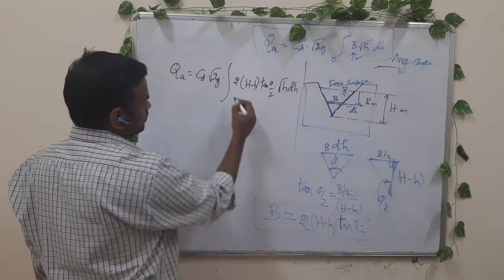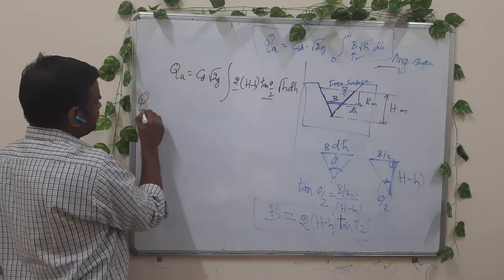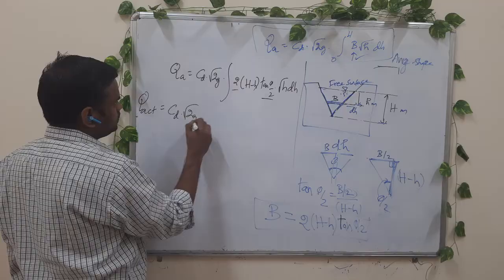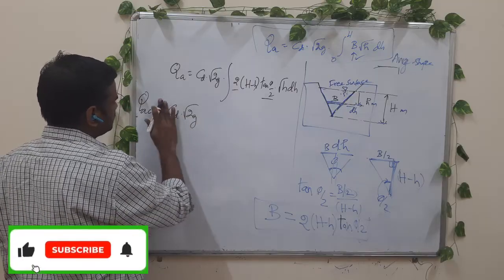Okay, now 2 tan theta by 2 can be taken out, so we can write Q actual is equal to CD into square root of 2g into, so you can write 2 times CD.